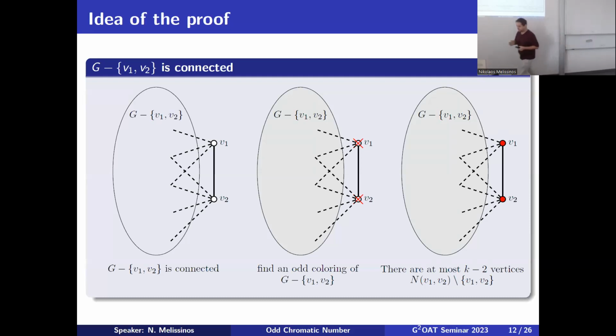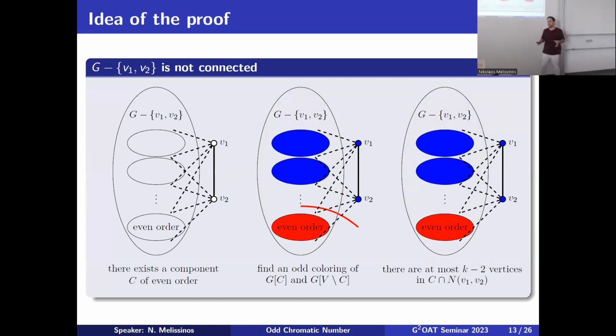Observe that, again here, well, this should be k minus 2, sorry. So here it has k minus 2 neighbors, so they see at most k minus 2 colors, so one extra color always remains to color them.